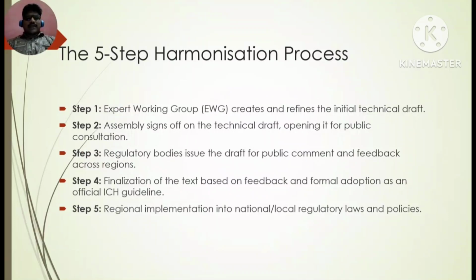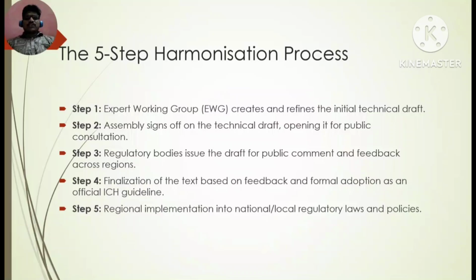The 5-step harmonization process. Step 1. Expert working group creates and refines the initial technical draft. Step 2. Assembly signs off on the technical draft, opening it for public consultation. Step 3.